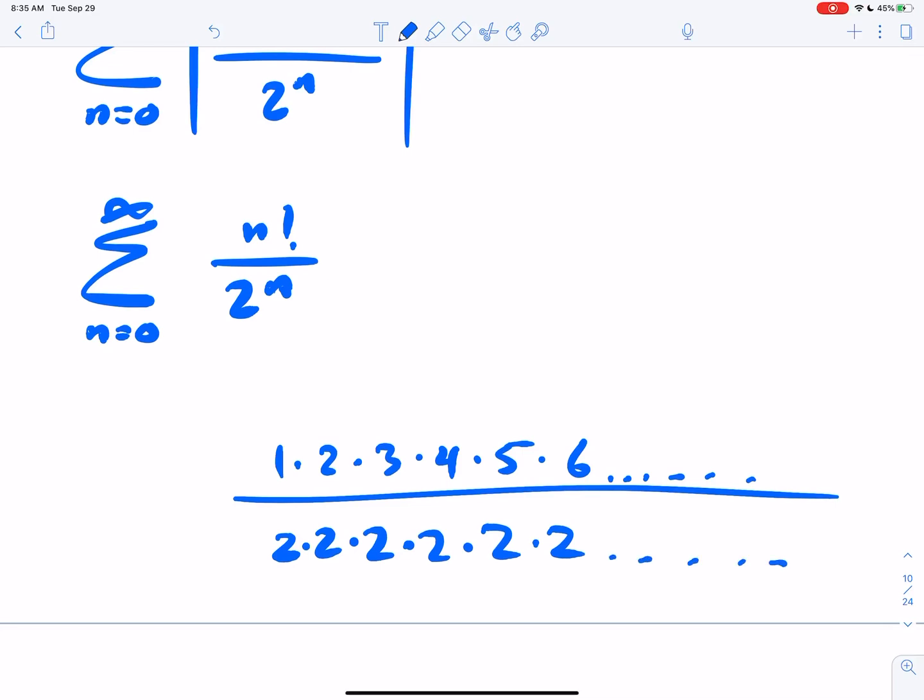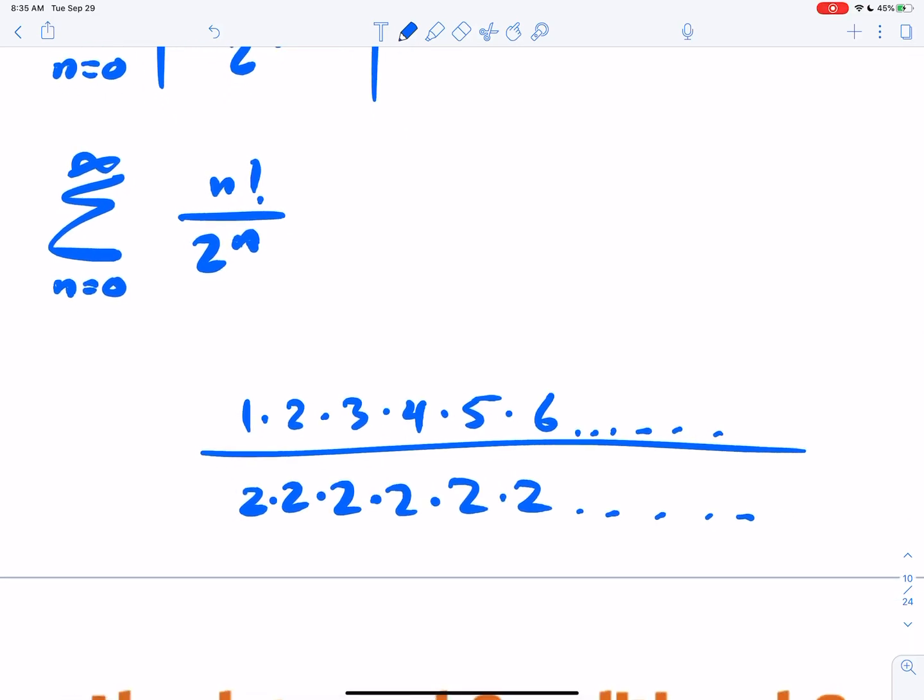Okay, when you write it out like this, think about where it's going to get larger faster. And you kind of have to really think about this. It's not so transparent whether an exponential is larger or if a factorial is larger. But actually, a factorial grows larger in the long run than 2 to the n does. So although it starts off at 2 instead of the 1, notice how the numbers get increasingly larger while the bottom just stays at a constant 2.